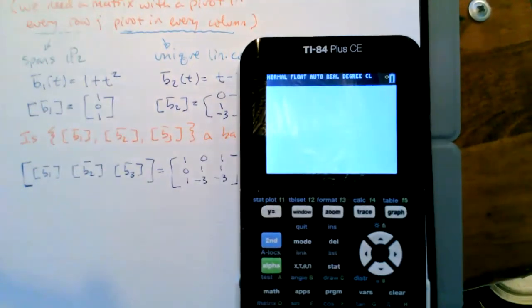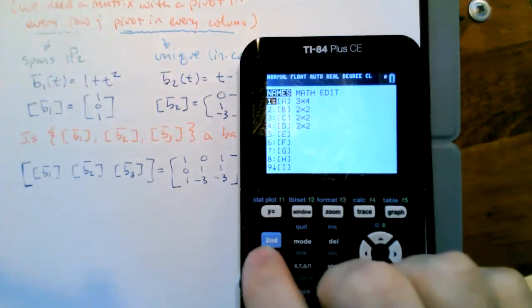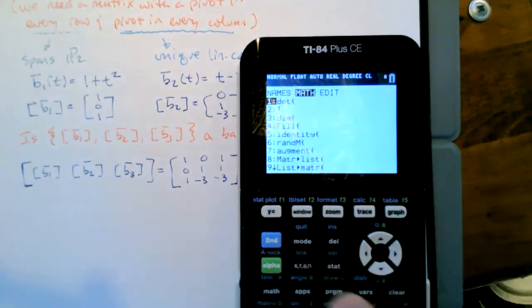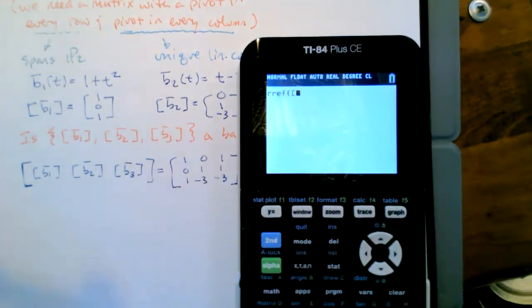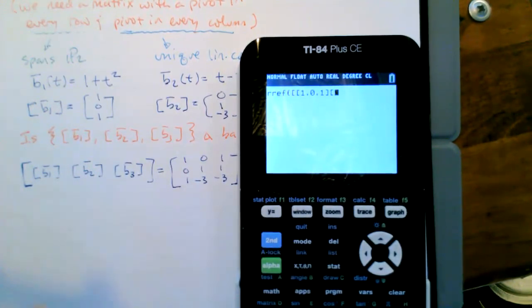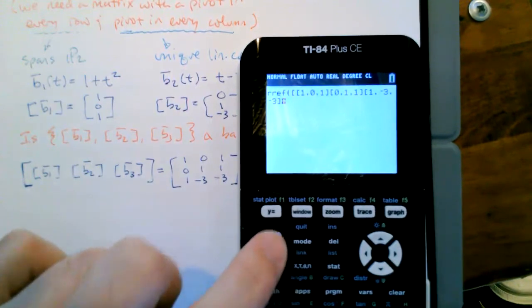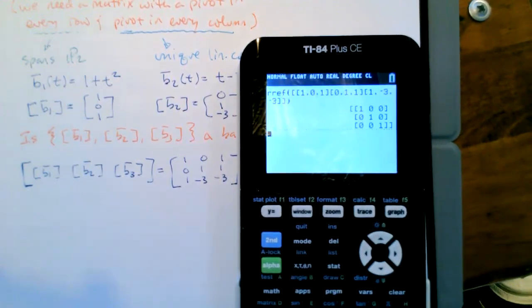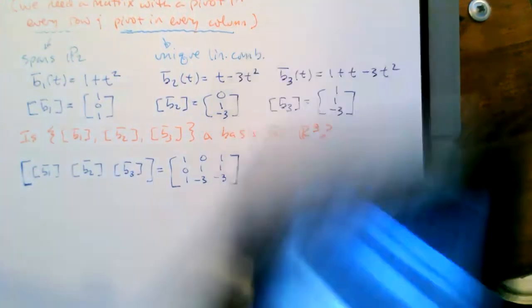So I've got 1, 0, 1, 0, 1, 1, and 1, negative 3, negative 3. So the reduced echelon form is the identity matrix.